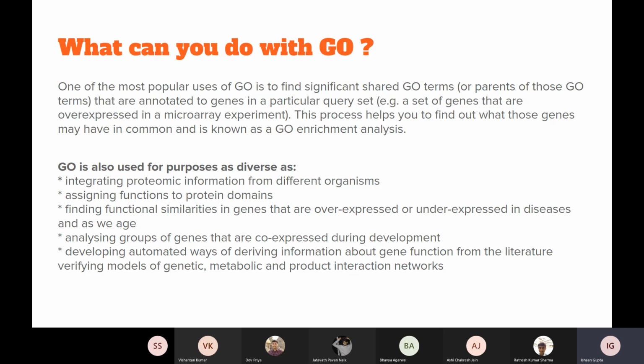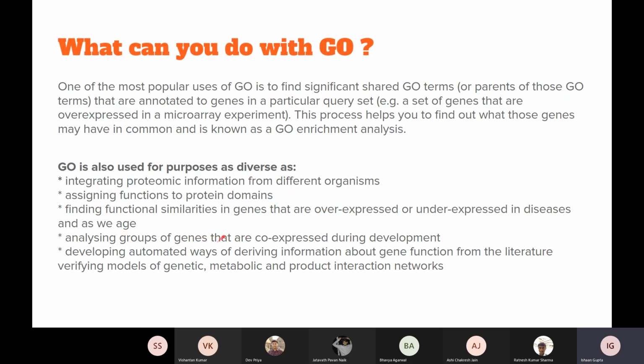So for example, if you were to look at genes that are getting upregulated during day, then they would have similar ontologies versus genes which are going up during the night, right? So this is one function that you can achieve with ontologies.